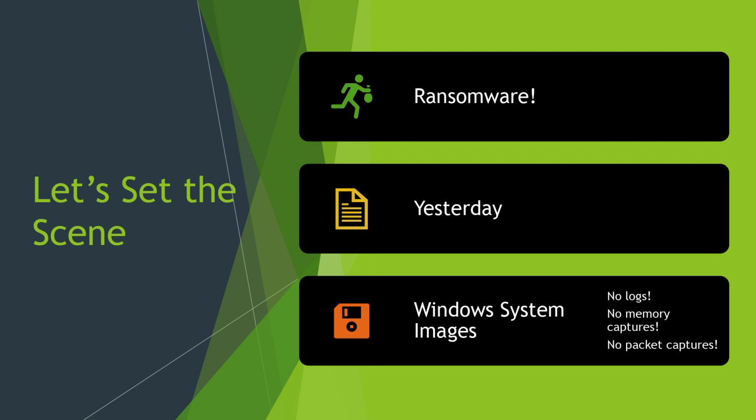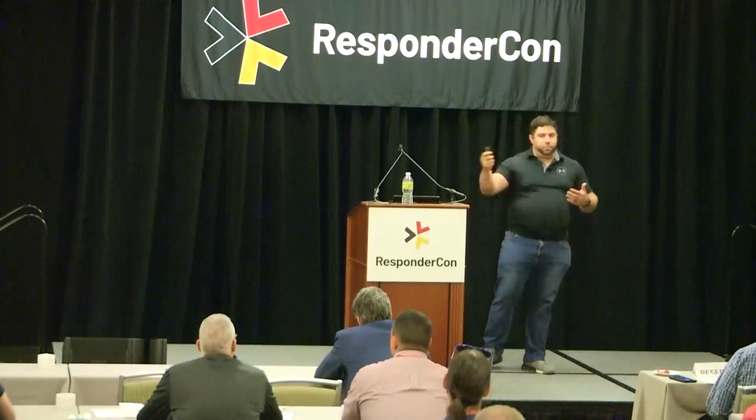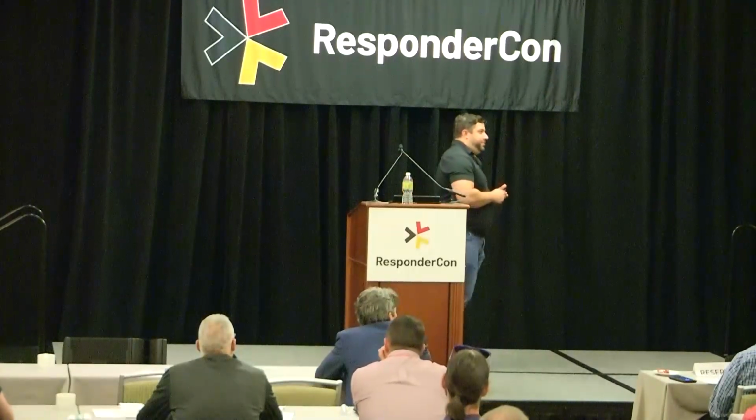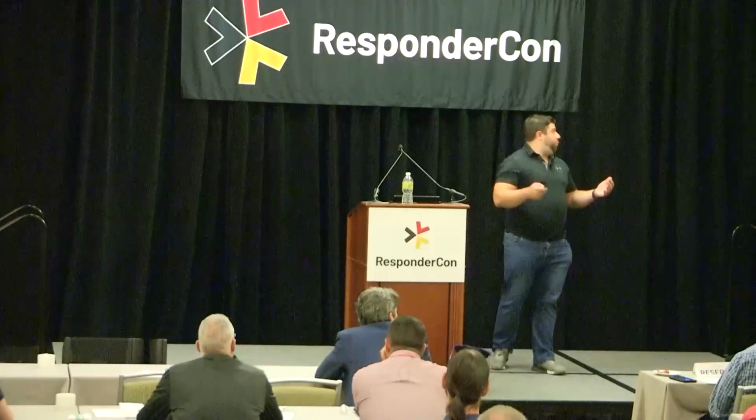No logs, no memory captures, no packet captures, nothing. You're stuck with just terabytes of images from maybe 100 hosts, like endpoints, maybe another 40 servers. I know this has happened to me before. And I know a lot of times in our forensic labs, you might not always get the same network data.